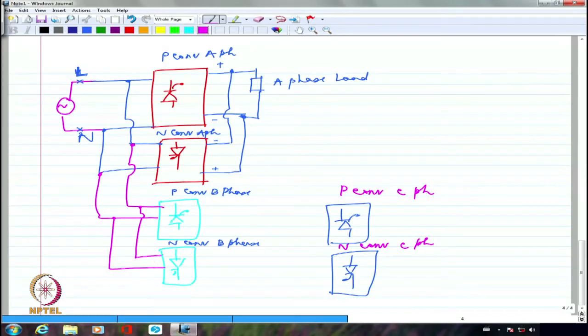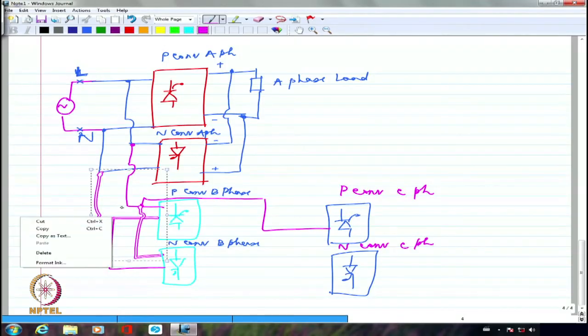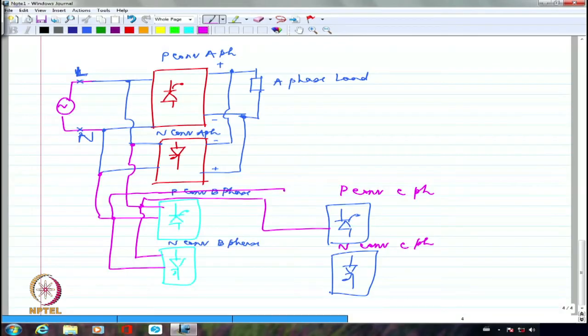So I have to again show from the same point, I can connect it to this and I can connect it here. I have taken it here, so the same thing I can connect it here.